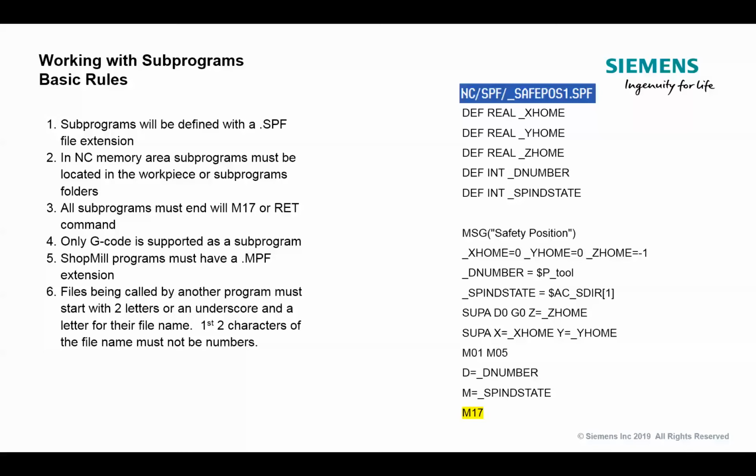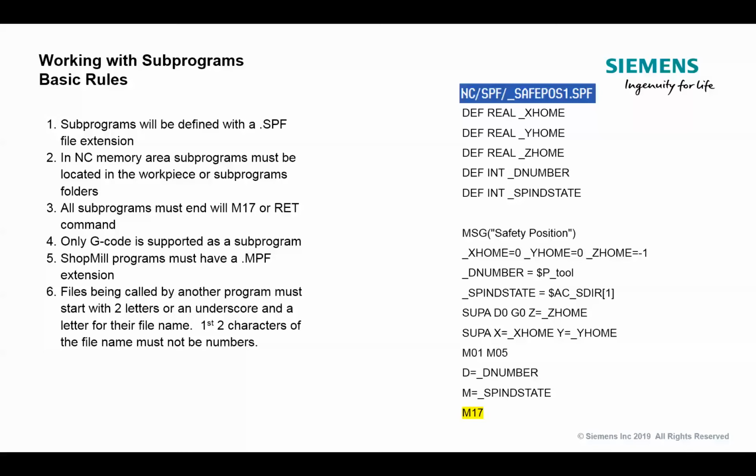The rule is that the first two characters of your program name should never be numbers. You can start with an underscore, you can start with two letters, but your first two characters should never be numerical values. The reason being, if you assigned a file name just a numerical value, when you get inside a program and type a numerical value, how do we know that that's pointing to a file name other than just being a number without anything else on it, right?